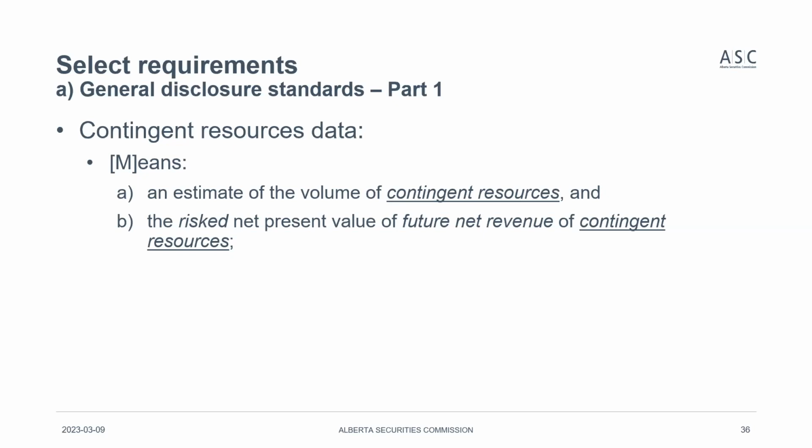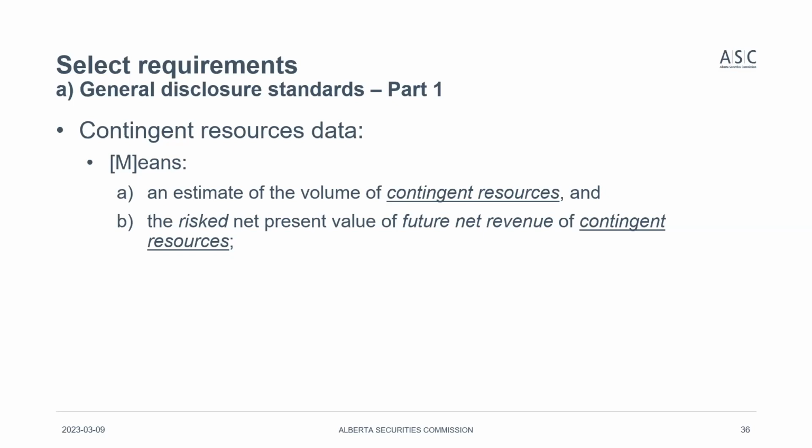Contingent resources data is another term that we use in the annual filings, and contingent resources data is prepared by QREs and QRAs. They need to be independent. It is an estimate of the volume of contingent resources as well as the future net revenue associated with it. So this term is again used strictly with the annual filings.